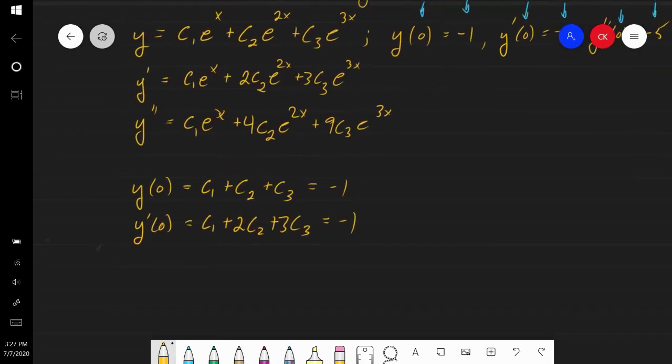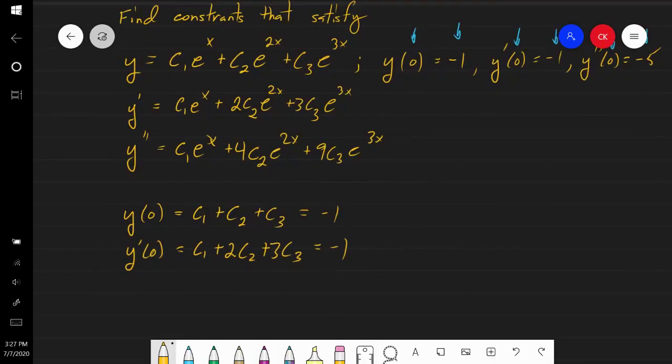And for the last one, y double prime of 0 is equal to c1 plus 4c2 plus 9c3 equals -5.